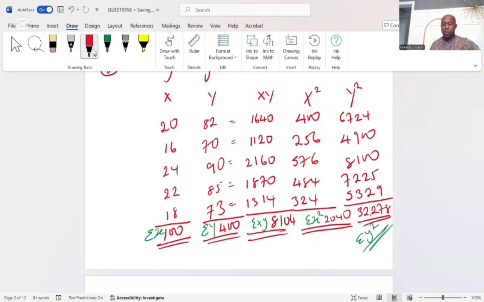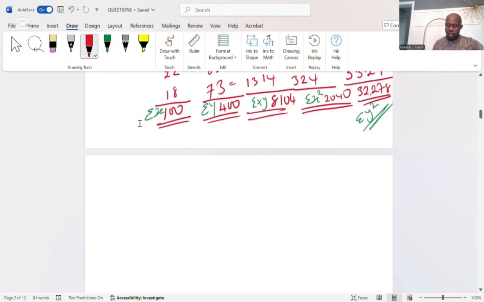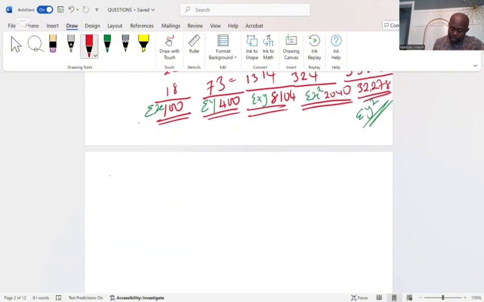Okay. Now we'll get the figures for x, y, x square, y square, and so on. Let's go. We need to remember we calculate b first before a. Why? Because we need b in the calculation of a. What is b?